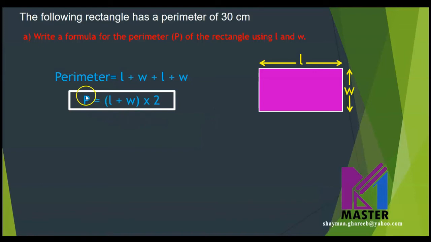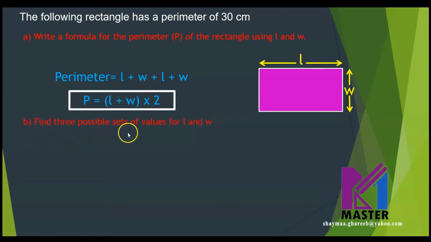So I can say that P, because I'm writing a formula, I'm going to use P for perimeter, equals L plus W times 2. And we put the L plus W inside brackets. Okay, so if I find the sum of the length and the width, then I double it or multiply it by 2, I will get the perimeter of the rectangle.